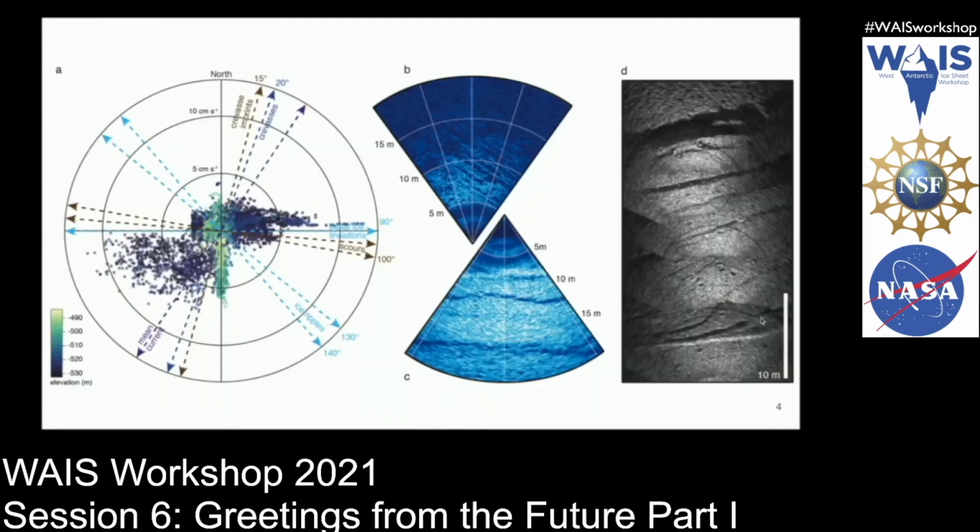So here's a compass plot on the left showing the ocean currents in centimeters per second. This is a tidally driven environment, with the currents being east-northeast to west-southwest.